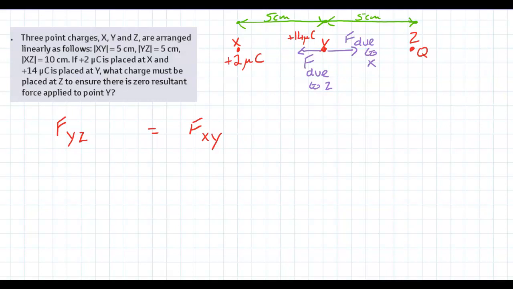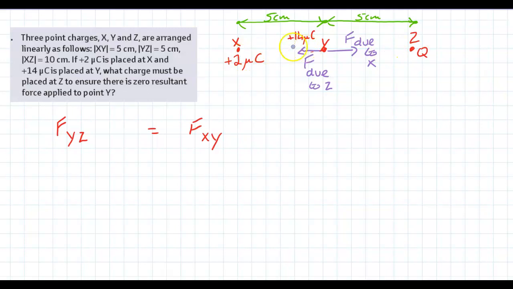You need to calculate how big Z has to be so that it produces an equal size force but in the opposite direction. So this purple line here is going to be the force that is due to Z. We don't know how big Z is, and that's what the question is. What polarity, as in is it positive or negative, and what size? The positive or negative is easy to deal with, so we'll do that first.